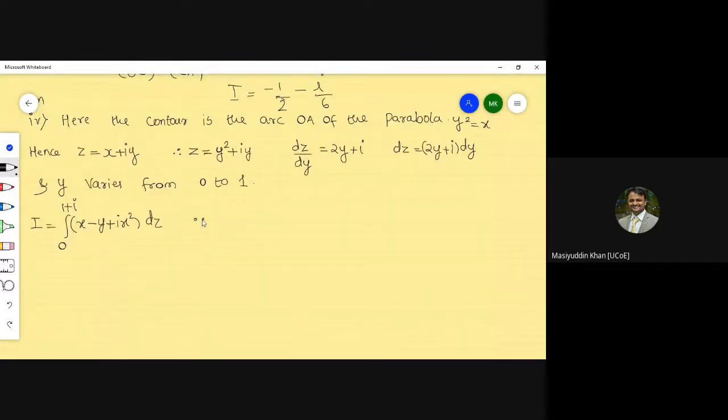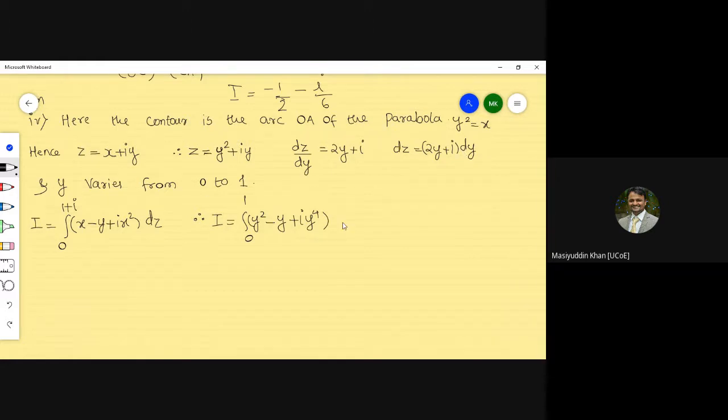So I is equal to integral 0 to 1. X is equal to y square, so y square minus y plus i x square. So x is equal to y square, so x square is equal to what? Y raised to power 4 into dz.